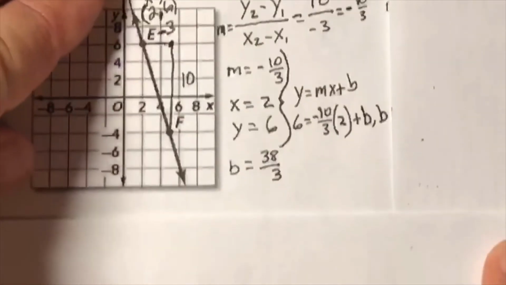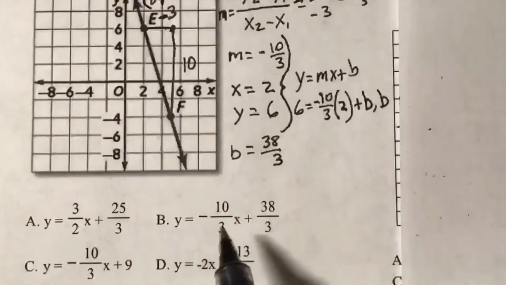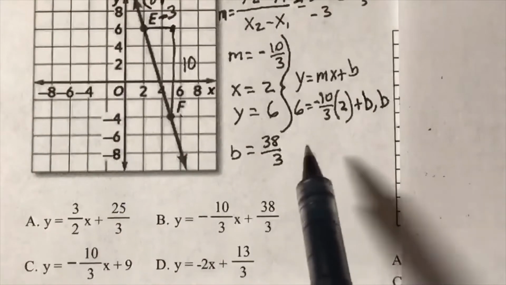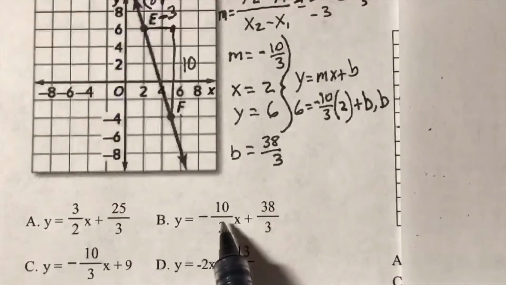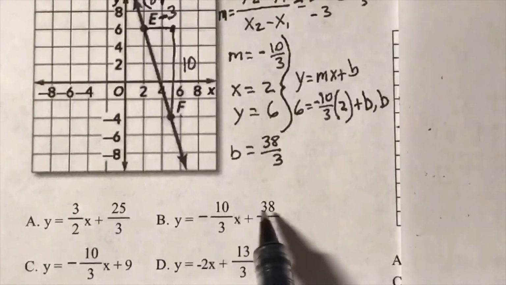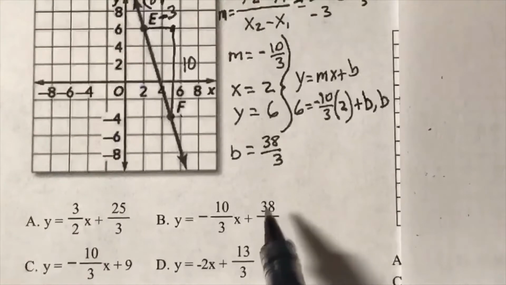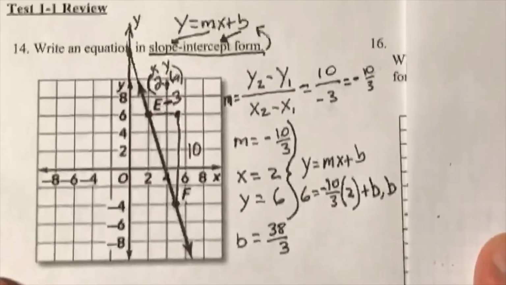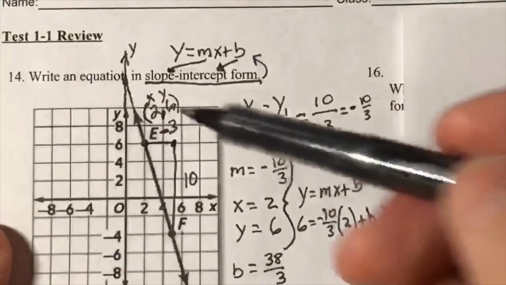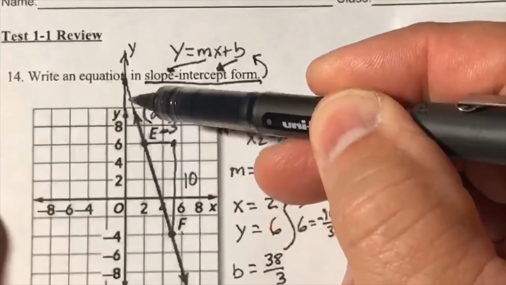Let's go ahead and look at our answer choices. When we write the equation, we only replace the m and the b. That's slope-intercept. There's my slope, and there's where the line crosses the y-axis. If you did not count correctly, you might have gotten that wrong.